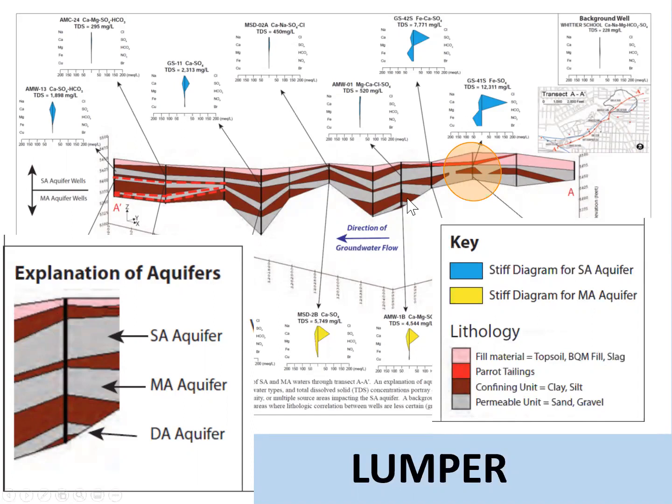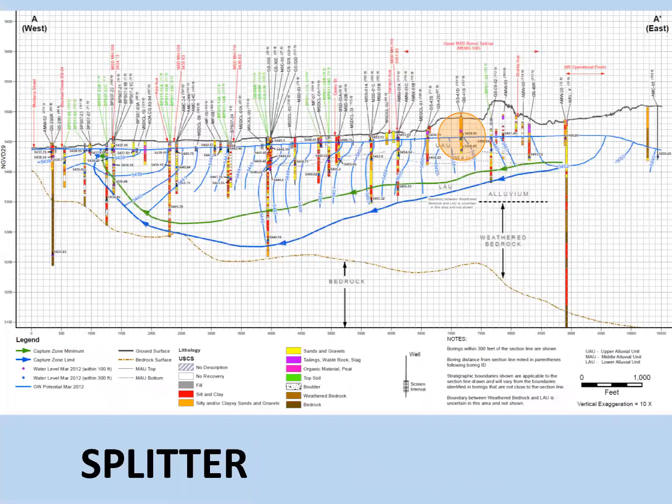But by contrast, and I'll just add in, this is probably where I fit into the discussion as a hydrogeologist: I guess I'm a lumper. But here's the splitters, and this was done by Atlantic Richfield's contractors. Again, I have a circle around where the Parrot is, and well, GS41.